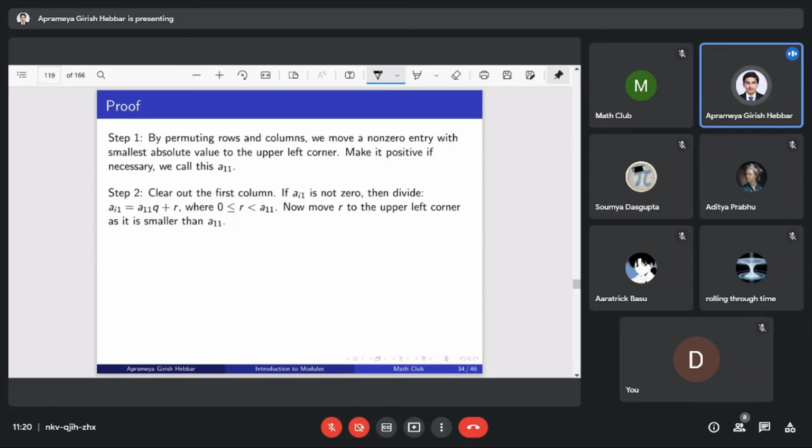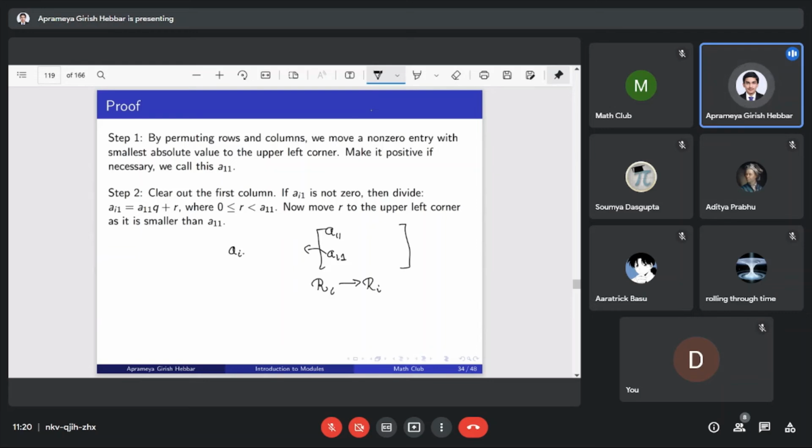Now what we do is we clear out the first column. How do we do this? This is the smallest element, a11. So whatever element ai1 is here, it will be bigger than a11. Now you can consider the row operation on ri. The first thing we are going to use is that Z is a Euclidean domain, so you can divide.